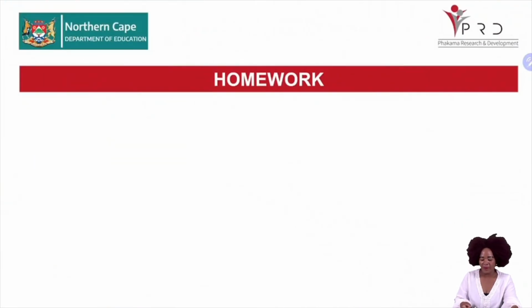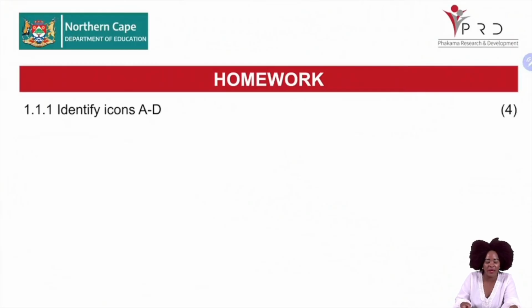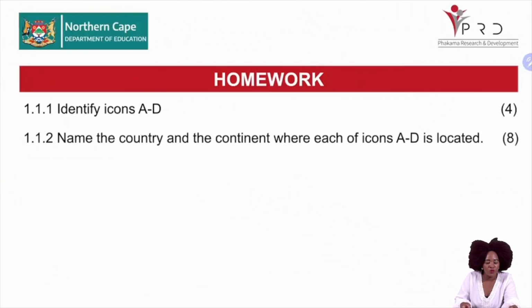So now let's look at our homework. In 1.1.1, you're supposed to identify icons A to D. That is the homework. When you do the homework, remember 4 marks is a lot of marks. 1.1.2, you're supposed to name the country and the continent where each of icons A to D is located.